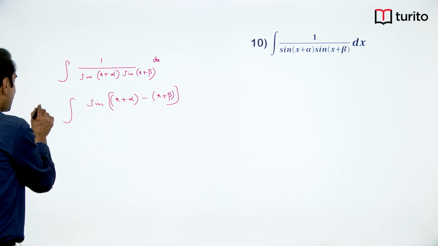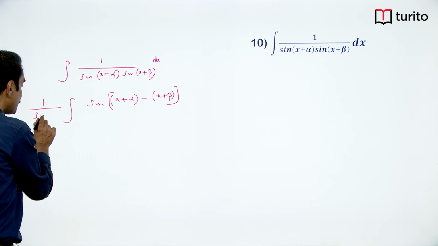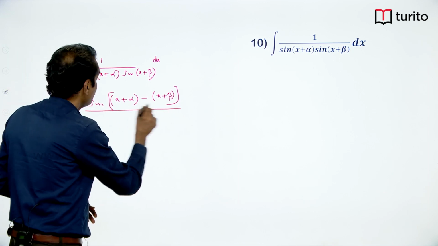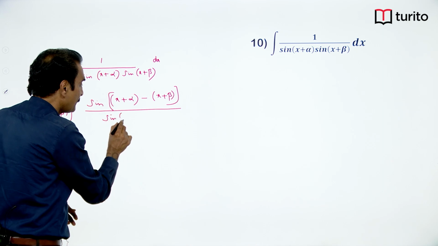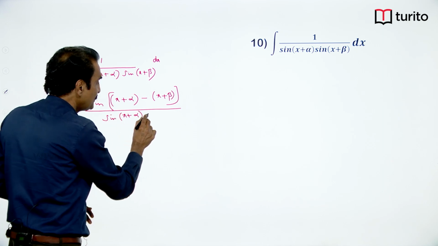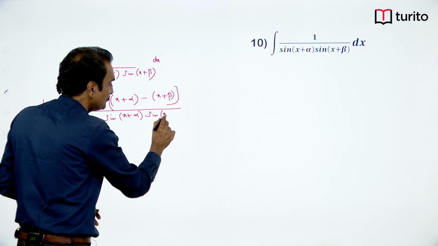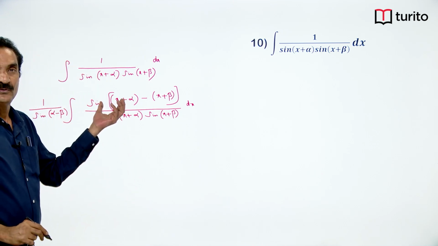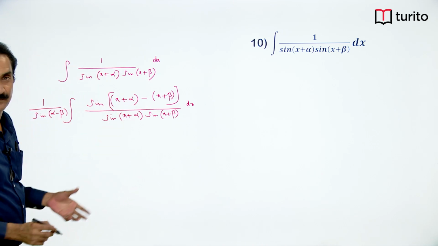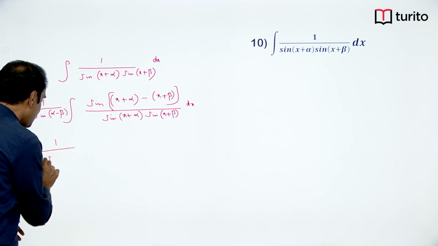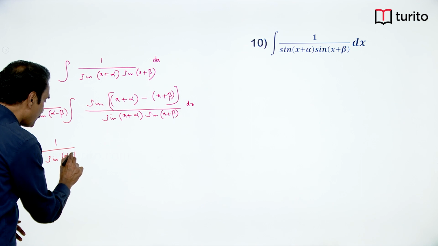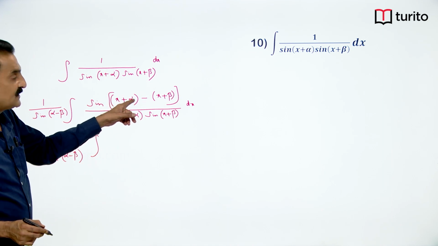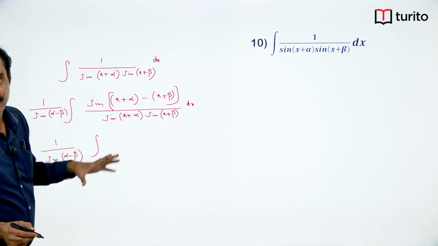So, we have to divide outside by sin alpha minus beta, by sin x plus alpha into sin x plus beta. Now, using the sin a minus b formula, you expand it. 1 by sin alpha minus beta into, it is in the form of sin a minus b by sin a sin b.